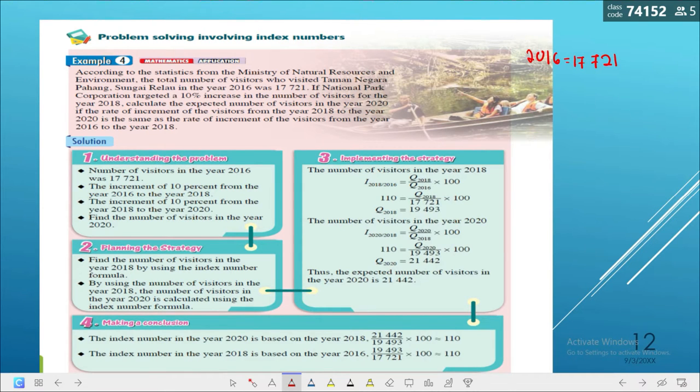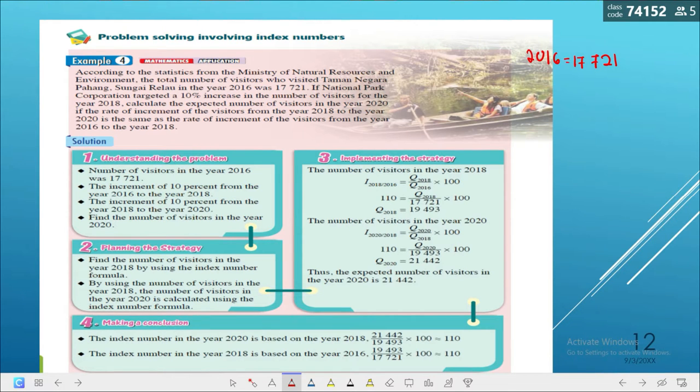If the National Park Corporation targeted a 10% increase in the number of visitors for the year 2018, calculate the expected number of visitors in the year 2020 if the rate of increment from 2018 to 2020 is the same as the rate of increment from 2016 to 2018.